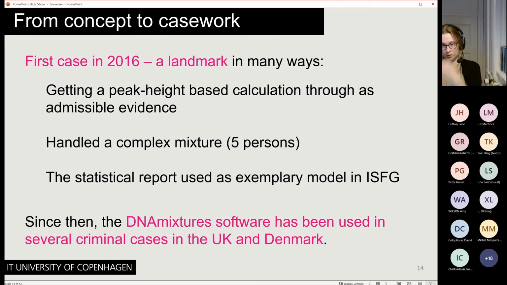And then what happened was, I think, Peter Gill, he was the opponent actually on this case. And he asked my permission to then use the statistical report as this kind of exemplary model in the Society for Forensic Genetics.